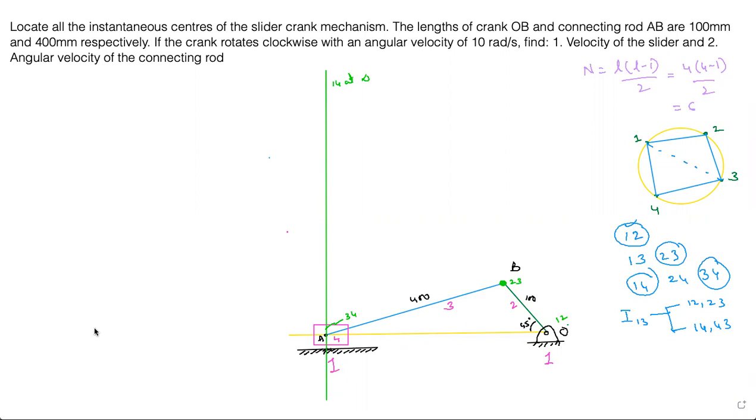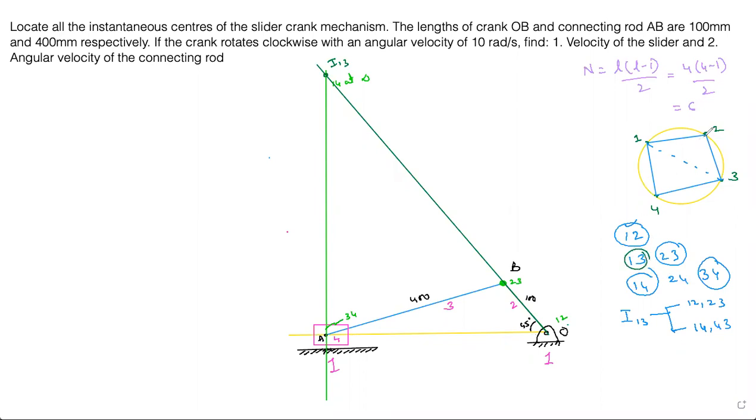Just extend, and wherever they intersect, that is your point of interest. Yes, somewhere there they are intersecting, so this is I center 1, 3. I found I 1, 3, so I'll circle it.